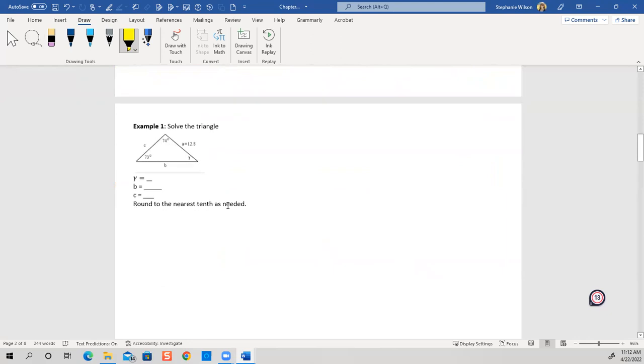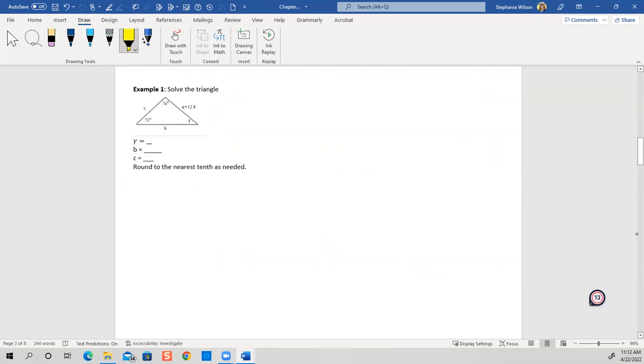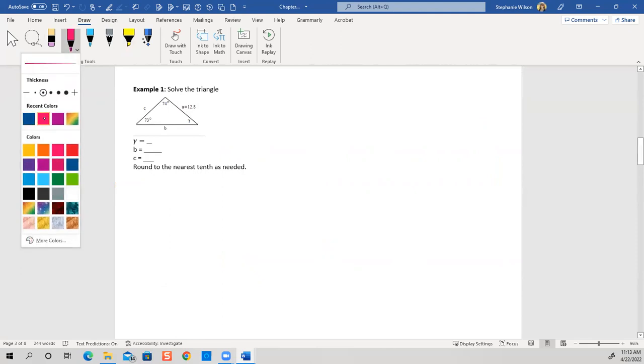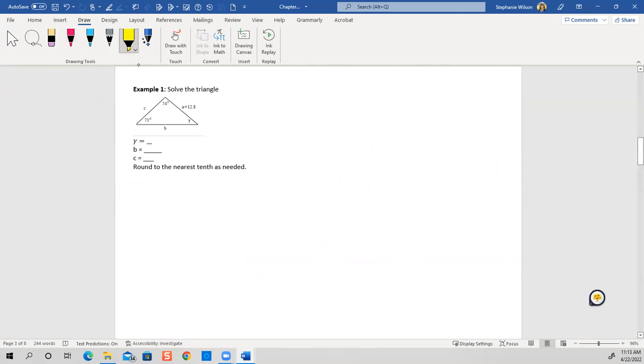Let's get started and work some examples. This first example says you're given this triangle with information. In this triangle, what do we have? We have one side and two angles.